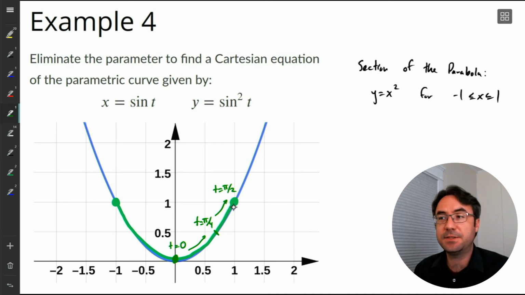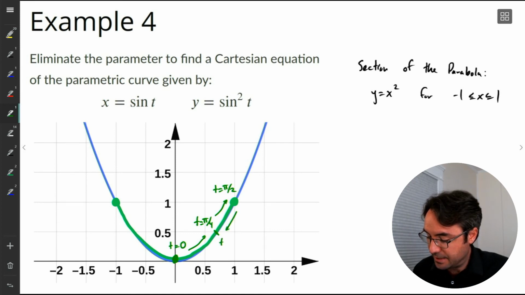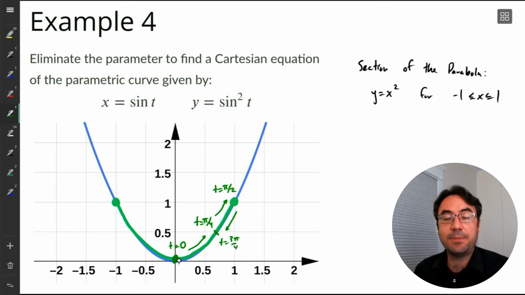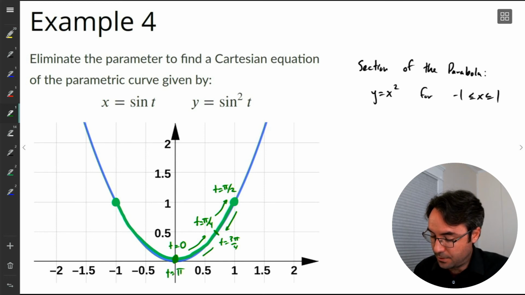And then what happens after pi/2? Well, it starts coming back down. Then at t equals 3 pi/4, we're back to here. And then at t equal to pi, we're back at the origin. We're back to this point here. And then what happens after pi? Then we have t equals 5 pi/4.